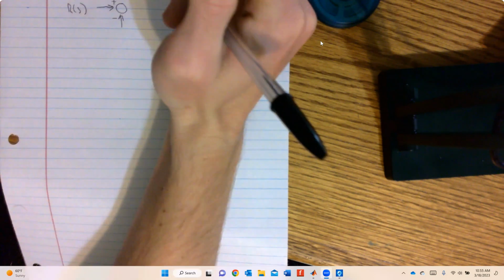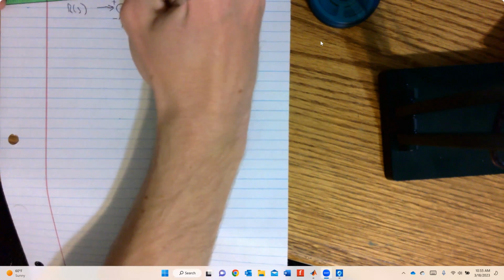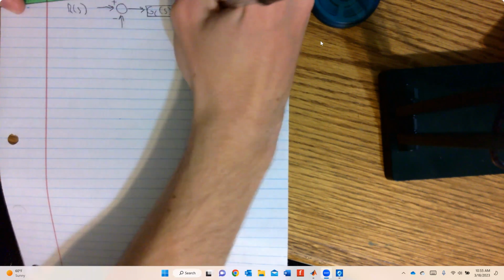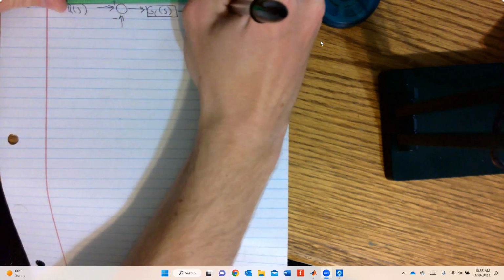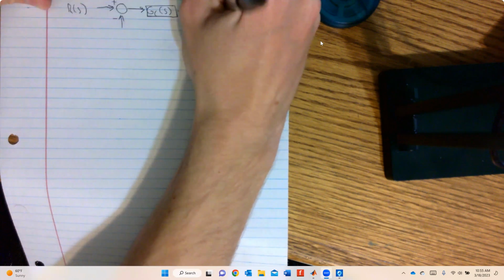So now we're going to talk about when we have to design simple gain using Bode. When we have our input, remember, we're now designing in order to meet specifications. This is where we introduce our controller or compensator, Gc of s. Then we have a system G of s here, and then we have the output, which is C of s.